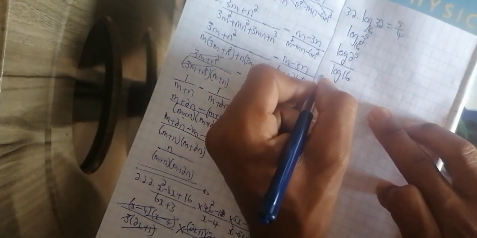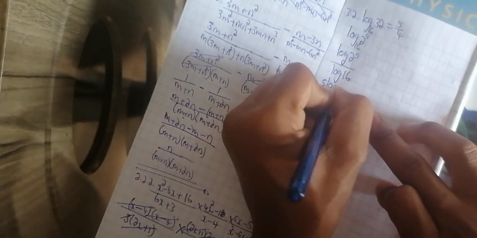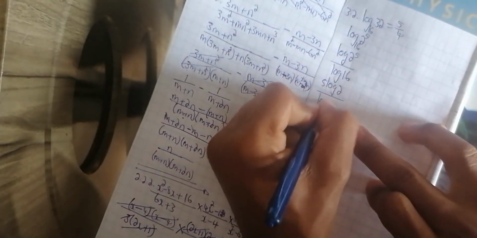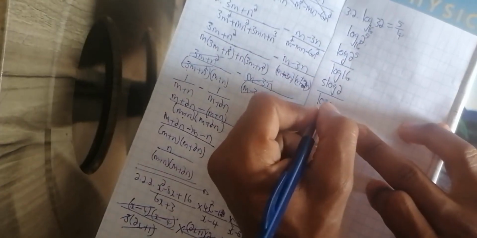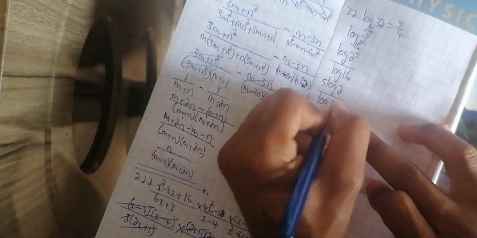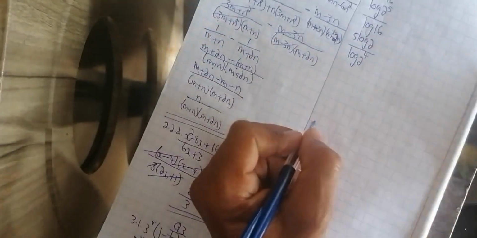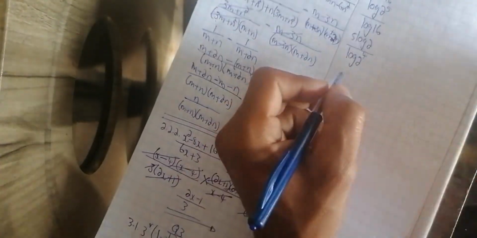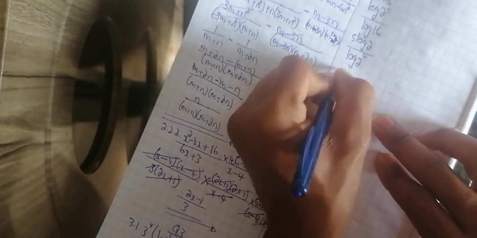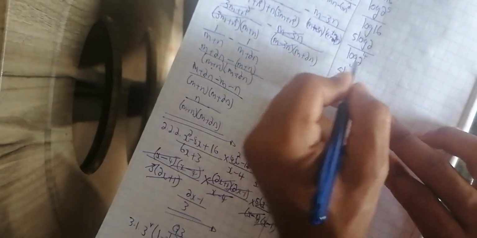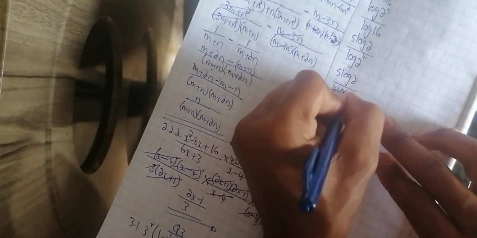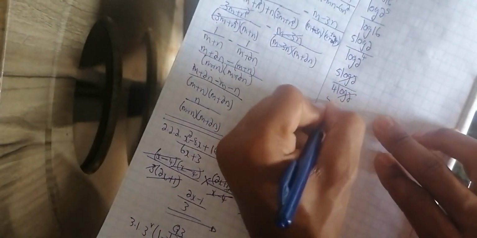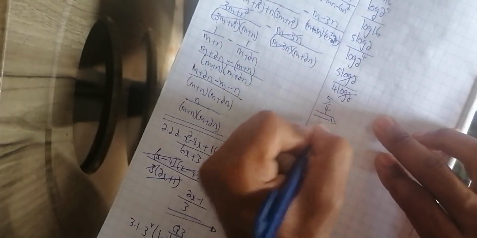Take to the other side, we would have 5 log 2 over log 16. 16 is 2 to power 4. Yes, and then you will have 5 log 2 over 4 log 2. Look what is happening: 5 over 4.